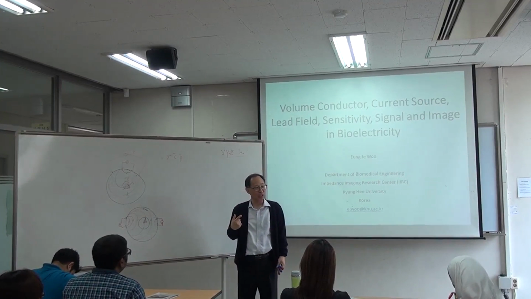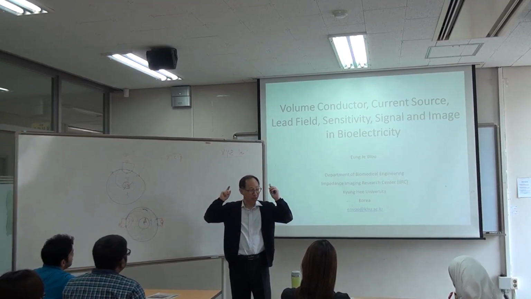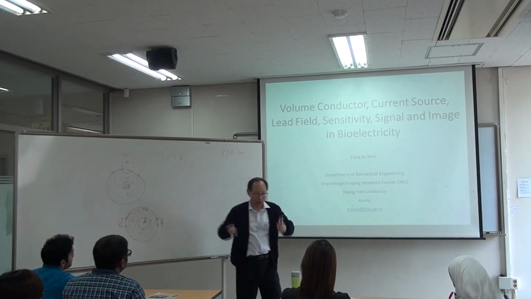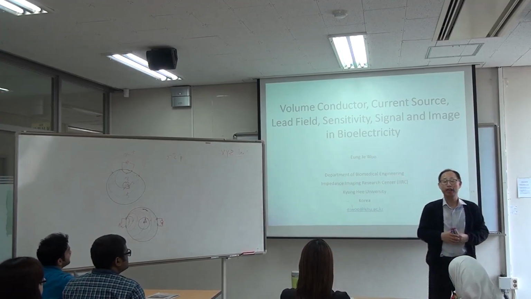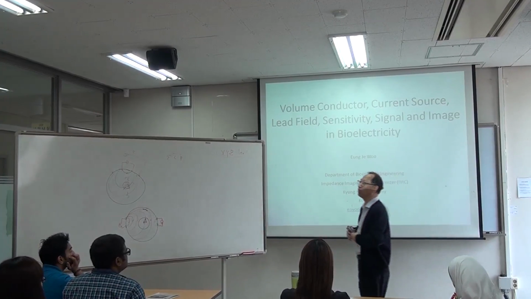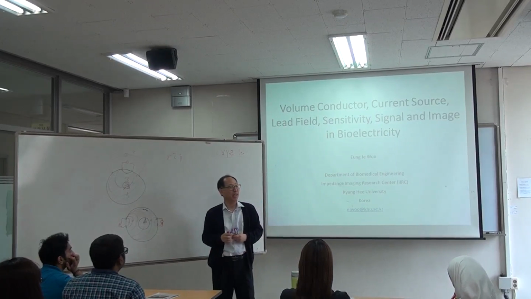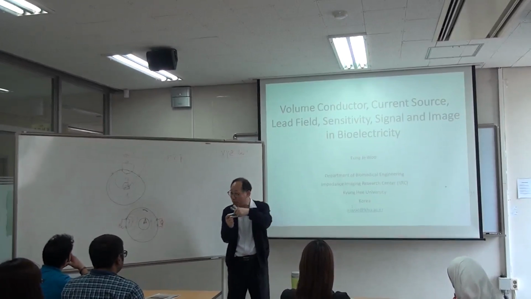Then you choose electrode positions, inject current through those two electrodes where you are going to measure voltage, and produce the map of lead field. There's going to be a lead field vector passing through that current source.